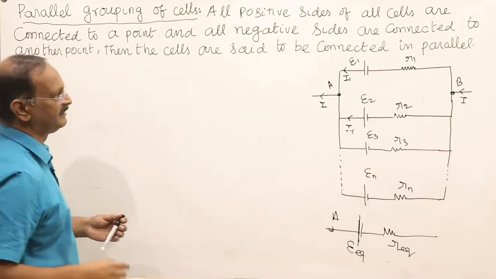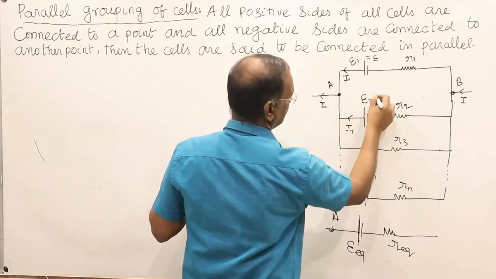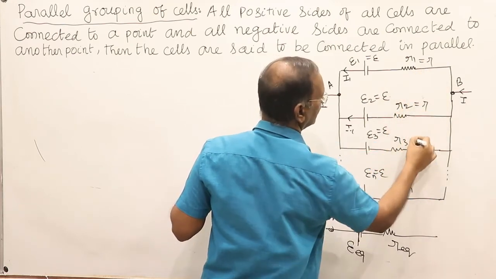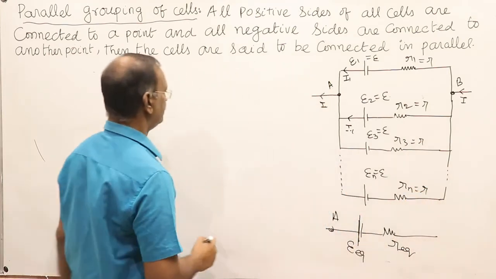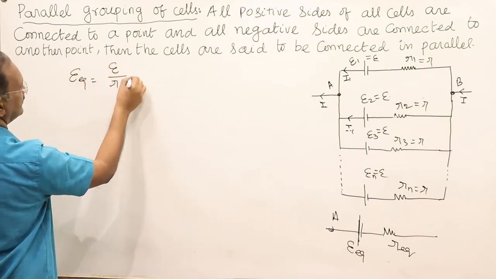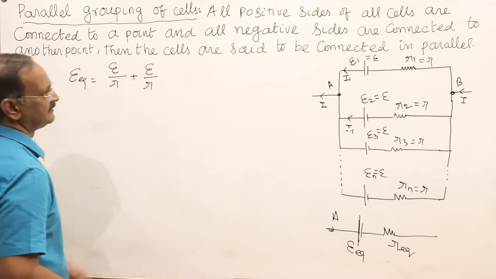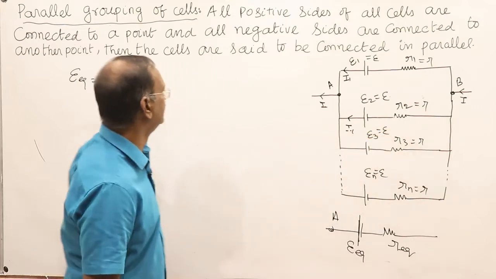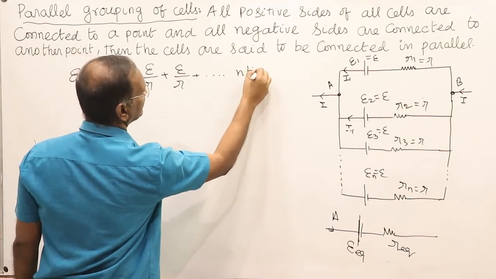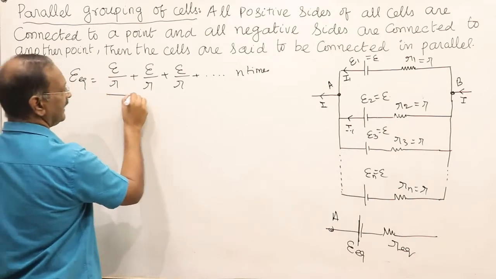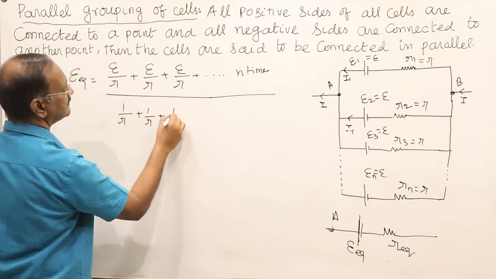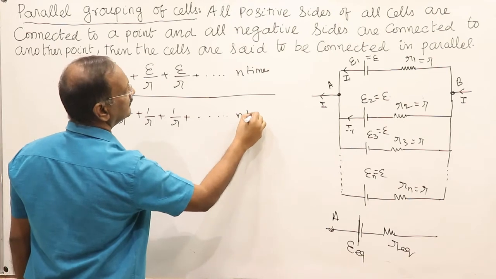Because they are identical, the EMF is the same, and R1 is equal to R, R2 is equal to R, R3 is equal to R, Rn is equal to R. For n battery cells, the EMF equivalent is equal to battery 1 divided by its internal resistance, plus battery 2 divided by its internal resistance, and so on up to n times, because n cells are grouped in parallel, and R equivalent is 1 by the first one plus 1 by the second internal resistance, 1 by the third, up to n times.